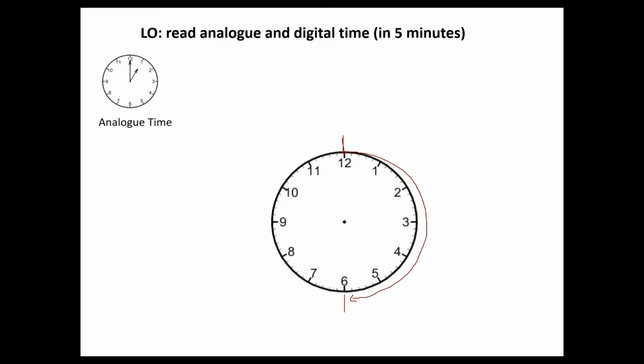Yes, Yashika, tell me. 5. Yes, 5 minutes. The distance between two numbers is of 5 minutes. That's why I asked you last time to learn the table of 5, because if we know the table of 5, then we can easily read the time.